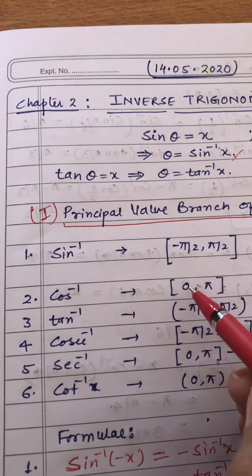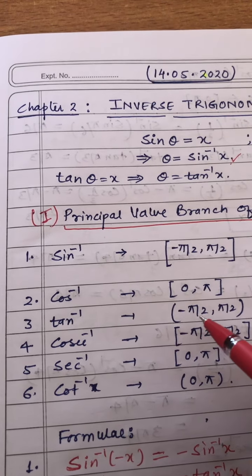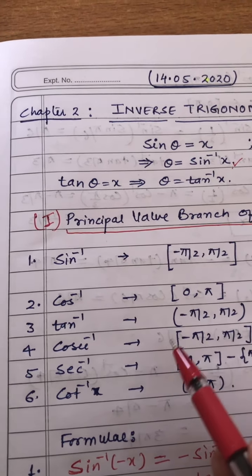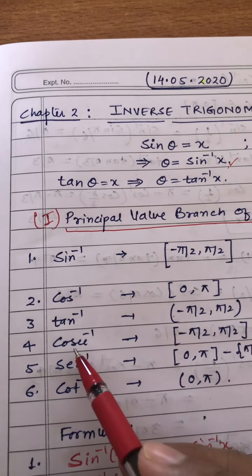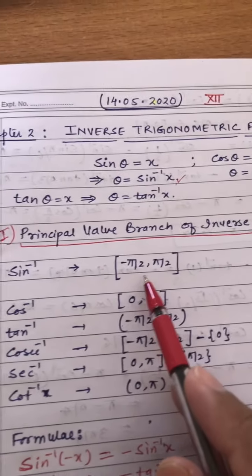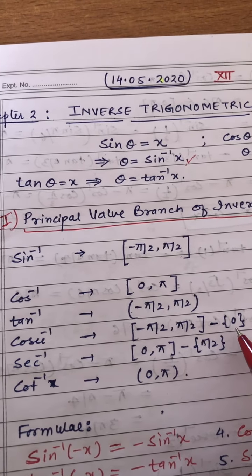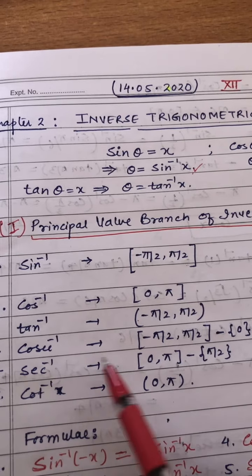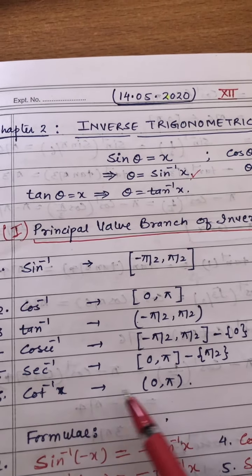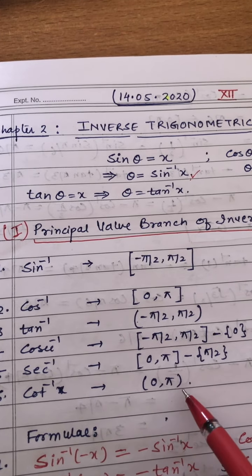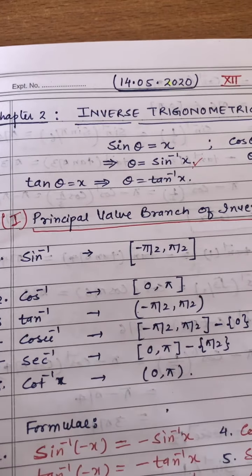Cos inverse is 0 to pi, tan inverse is minus pi by 2 to pi by 2, open bracket, that means you are not including minus pi by 2 as well as pi by 2. Similarly, cosec inverse x is the same as sine inverse excluding 0, because cosec 0 is not defined. Similarly, sec inverse is 0 to pi excluding pi by 2, and cot inverse is 0 to pi, open bracket. So these are the principal value branches which you have to learn.